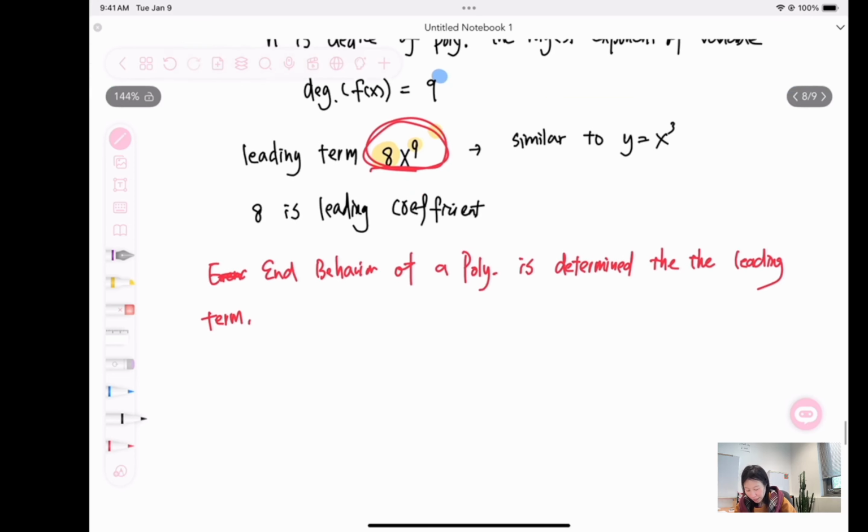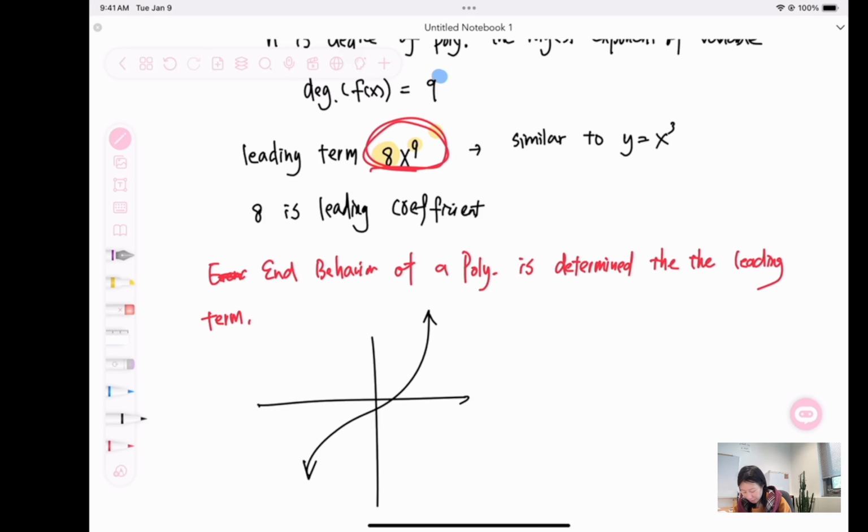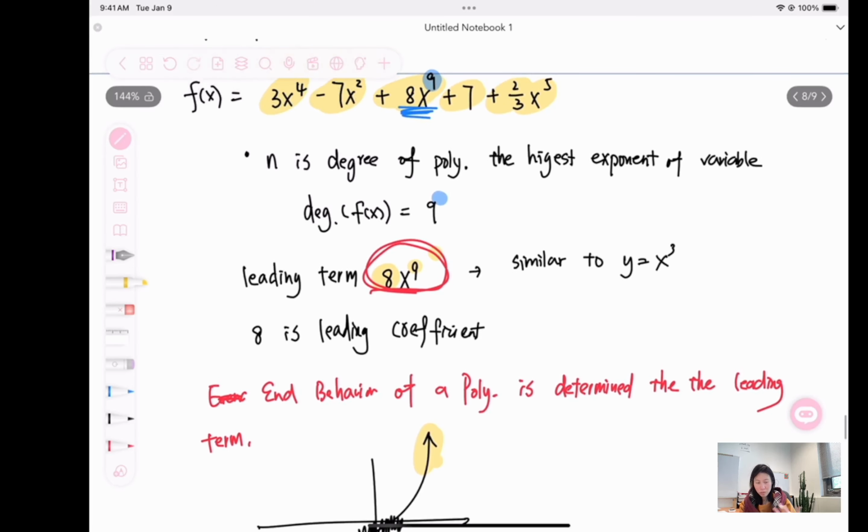So the end will look like this. We don't care about what happened in the middle right now. It's just the ending part, which is where they go as x goes to infinity. So that's how we find the end behavior of a polynomial.